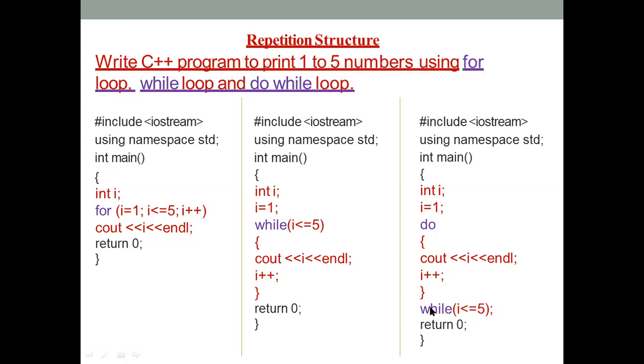So just see how the position is changed. All are the same thing, but the way they are written is different. You have three things inside the for loop, and here the while and do while loop take them out one by one and change the position. Okay, so we will try these things in the compiler.